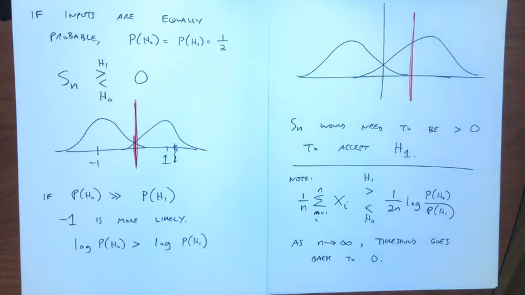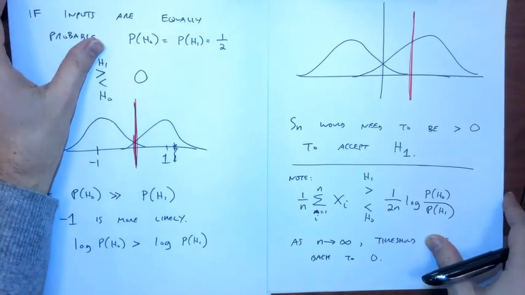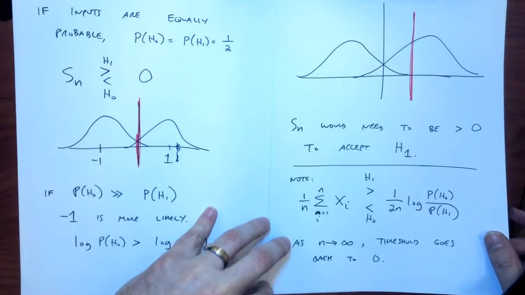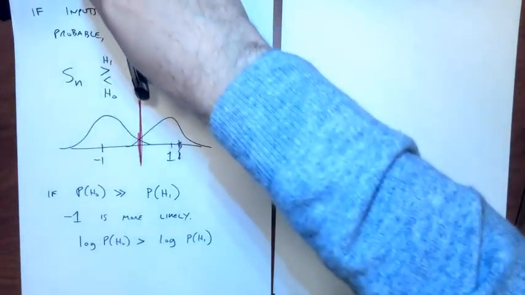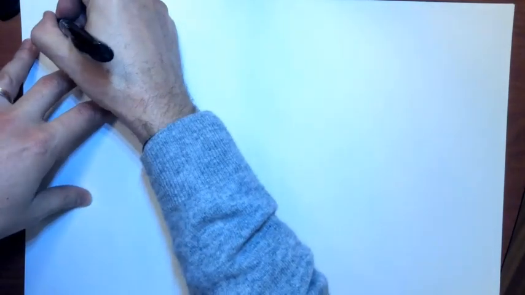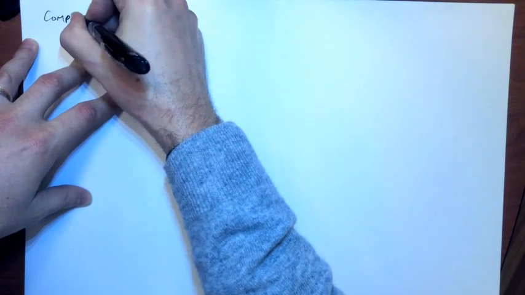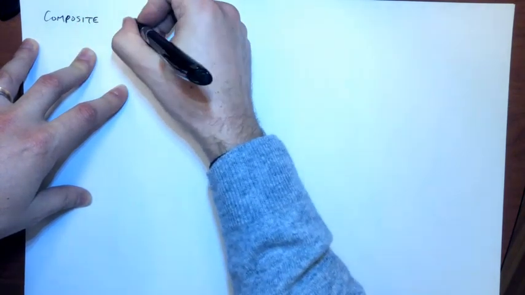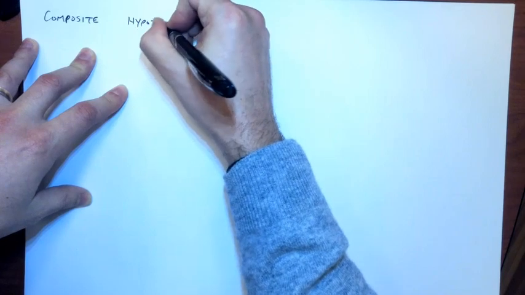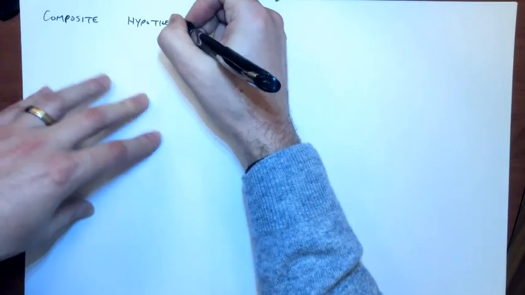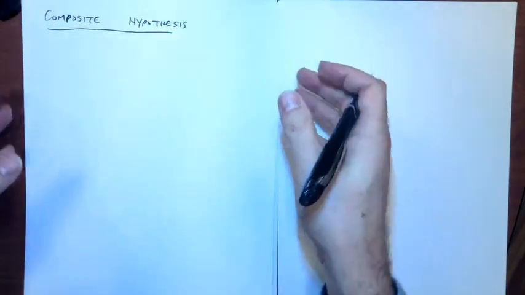So there's a middle ground, which is called composite hypothesis testing, where you still know the null hypothesis, but you are a little more uncertain about the other one, right? So these are called composite hypotheses. And again, this is just a palate cleanser, an amuse-bouche.